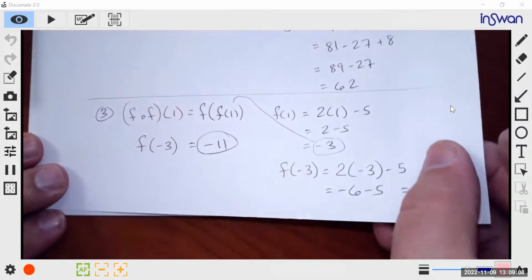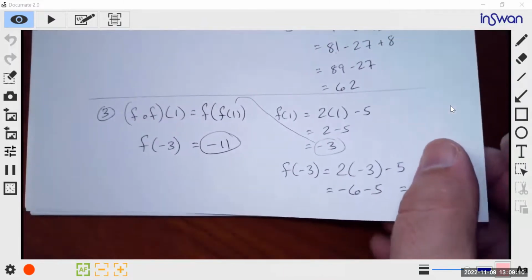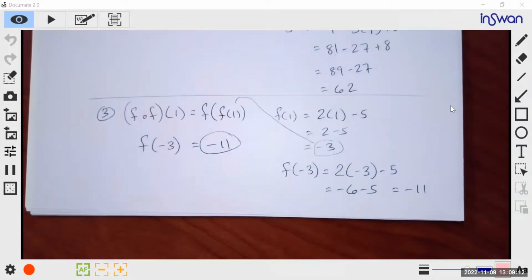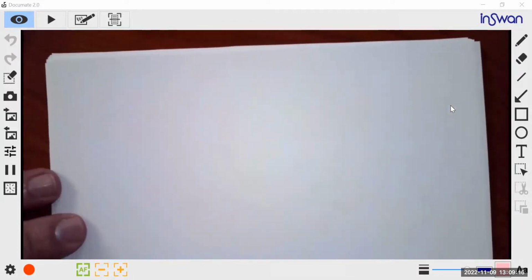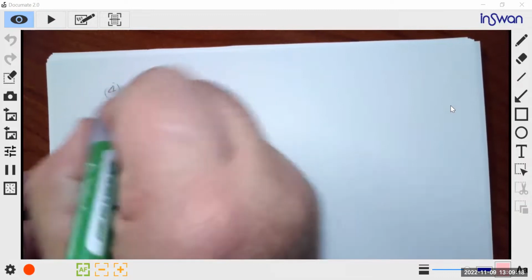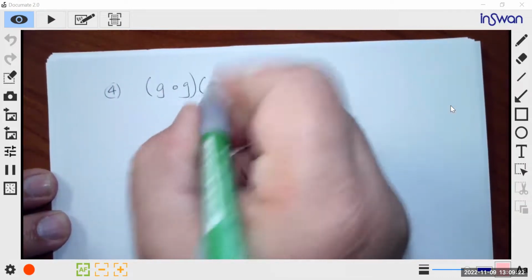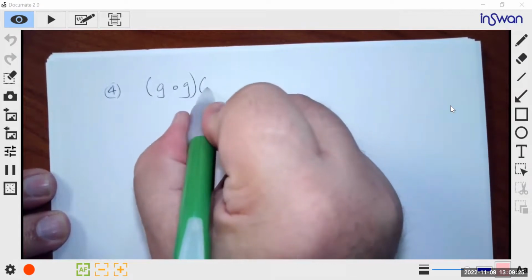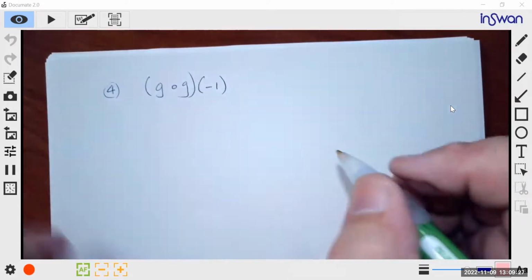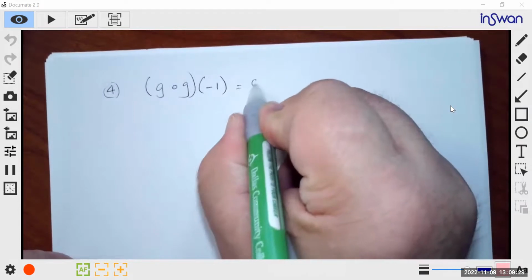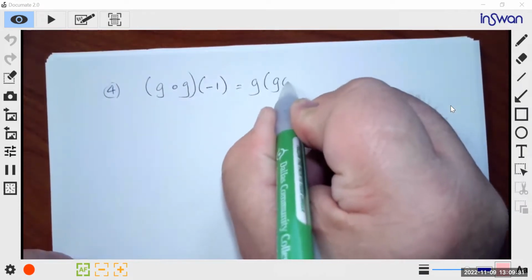Okay, we have one more. We have g of g at negative 1, which is g of negative 1.